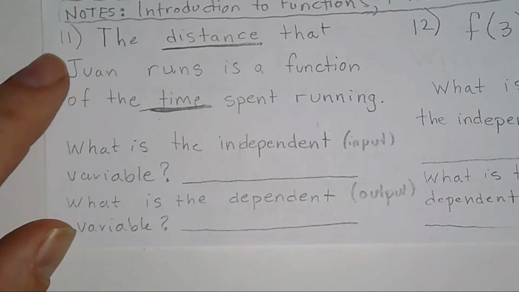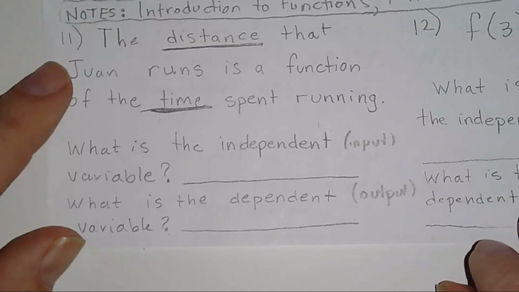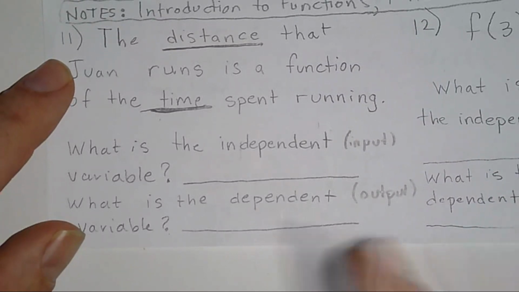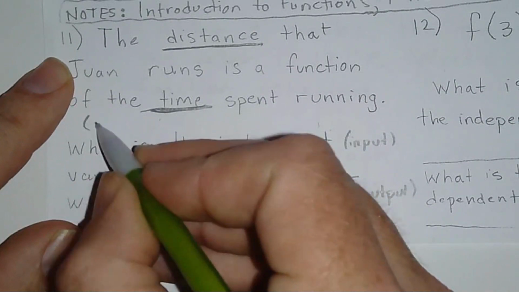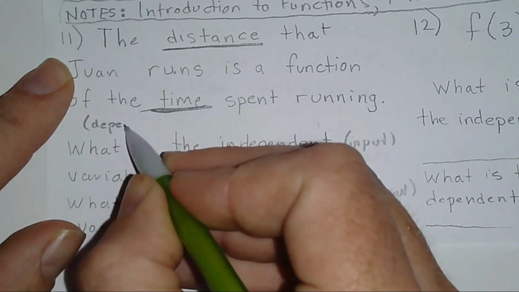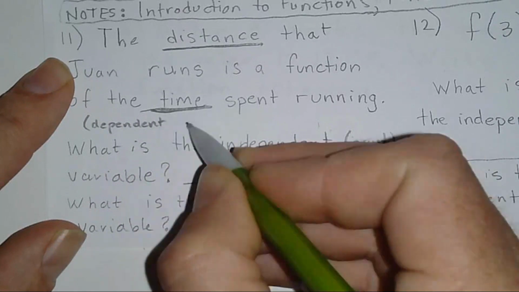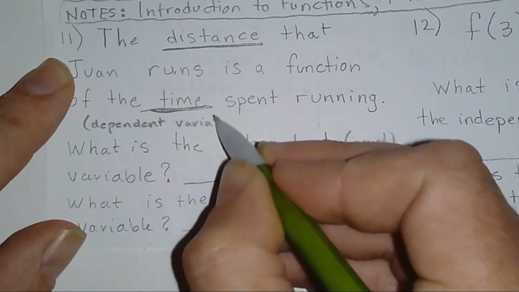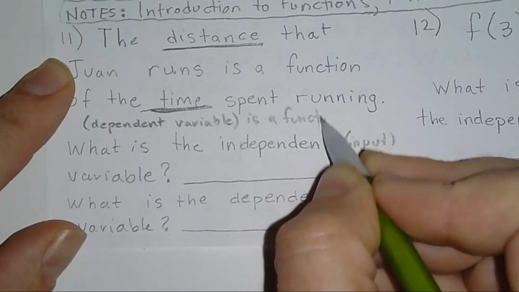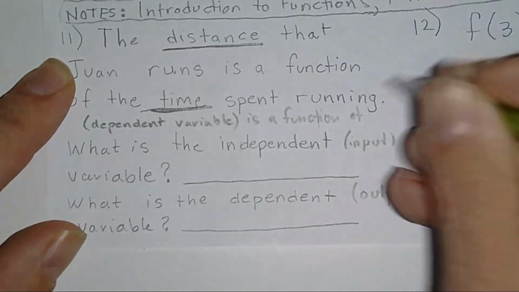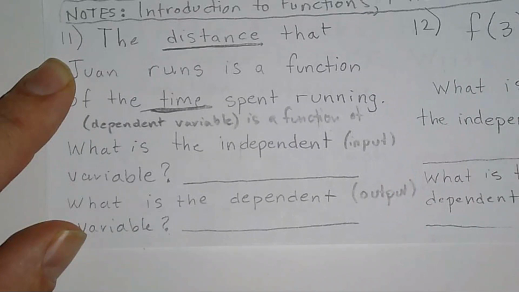And there's a sentence frame in your notes that we discussed where we basically say that the dependent variable is a function of the independent variable.